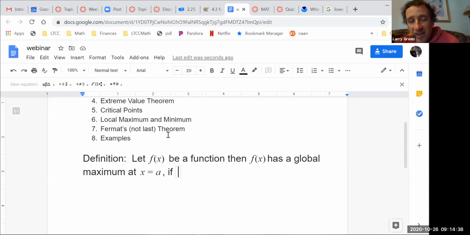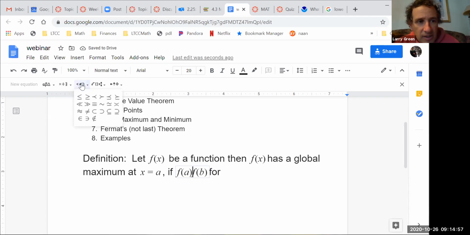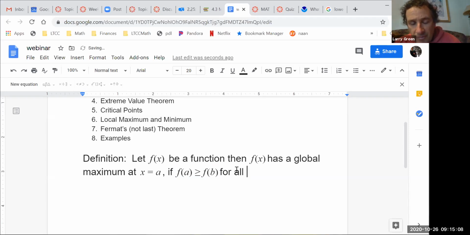If I don't see you jumping in, I'll tell you. f of a needs to be greater than f of b, and often we actually will use greater than or equal to, for all b. And I guess technically in the domain of f.